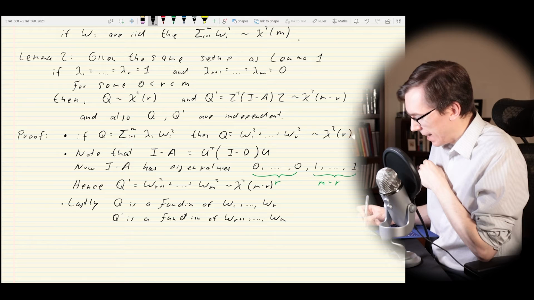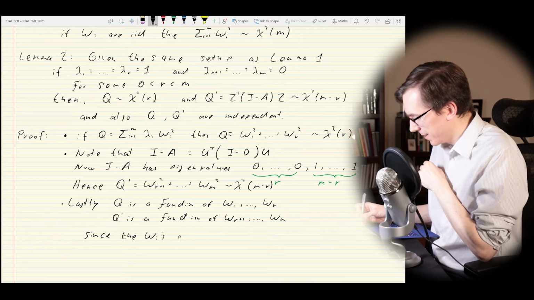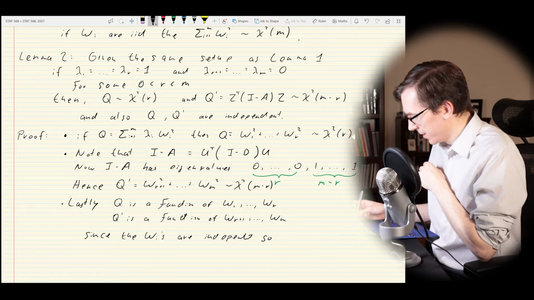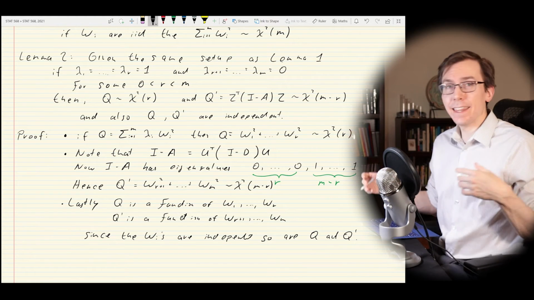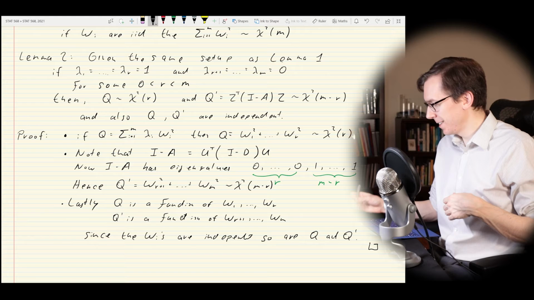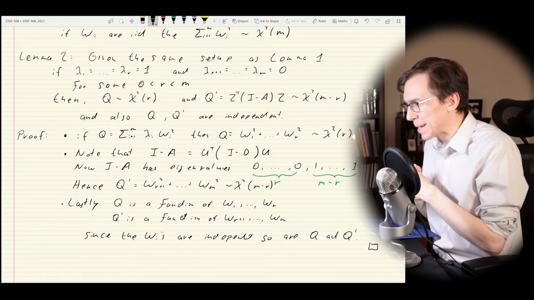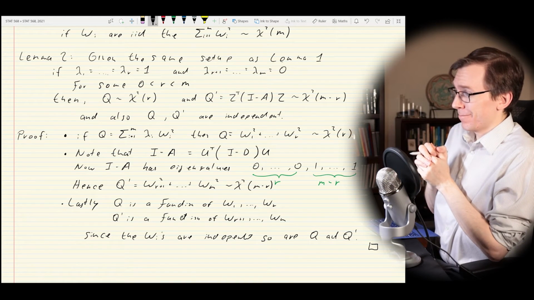And since the W_i's are independent, so are Q and Q prime. Right, and then we're done. QED, we can draw the little box and feel happy about that.